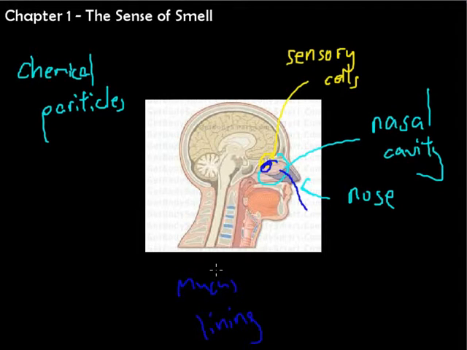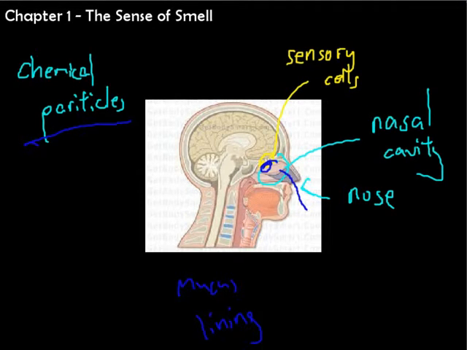These chemical particles dissolve in the mucus lining, and then it allows our sensory cells to detect what the chemical actually is. The dissolved chemical particles will then stimulate our sensory cells and send out nerve impulses to the brain.